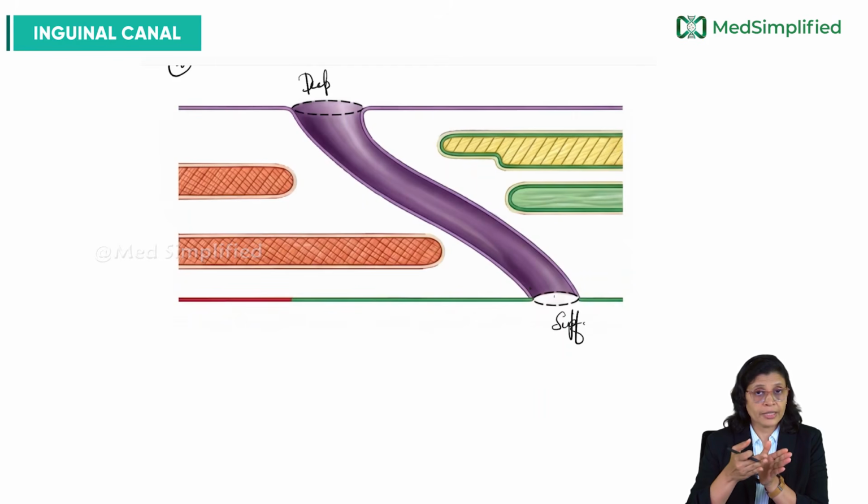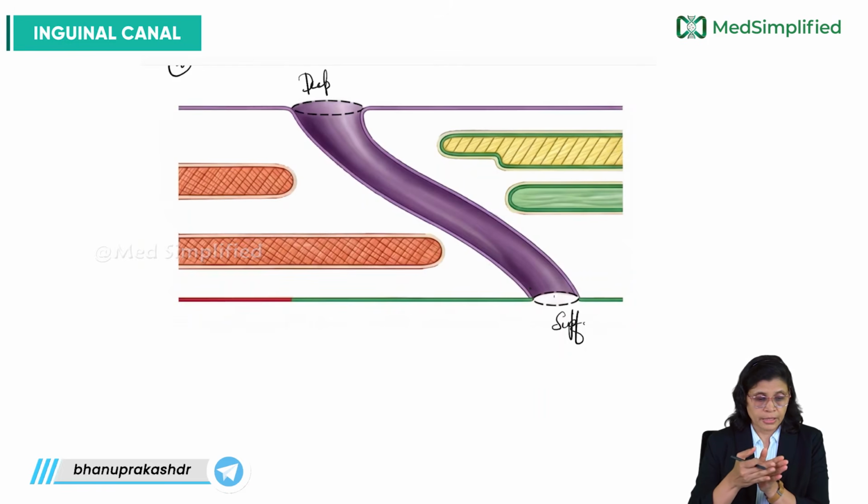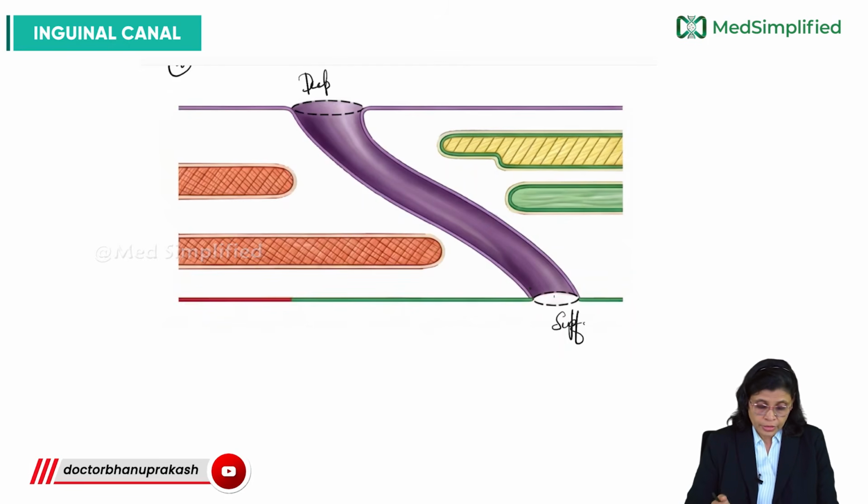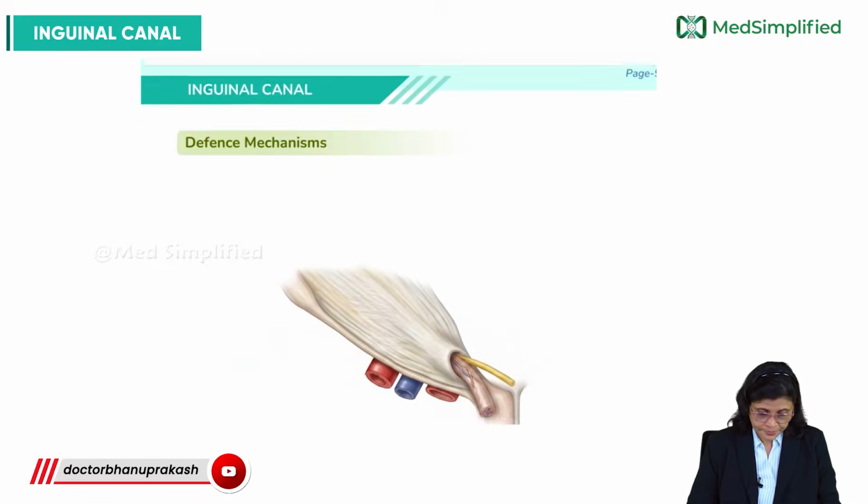From behind we have the fascia transversalis, then the conjoint tendon formed by the internal oblique as well as the transverse abdominis muscle. These structures oppose each other, and that we call the flap valve mechanism. So that is the first mechanism.